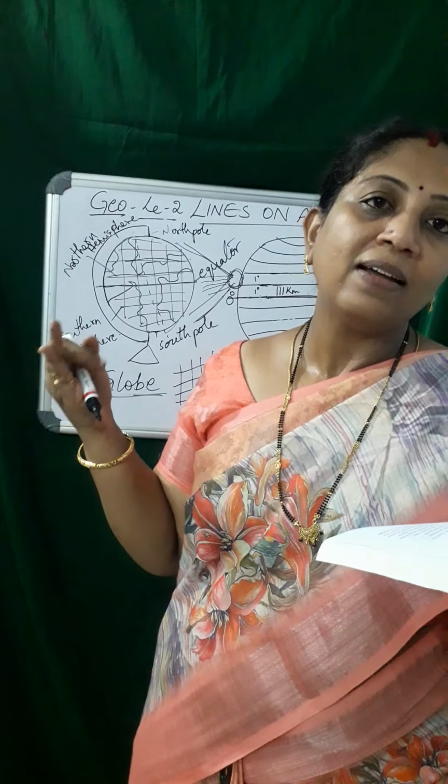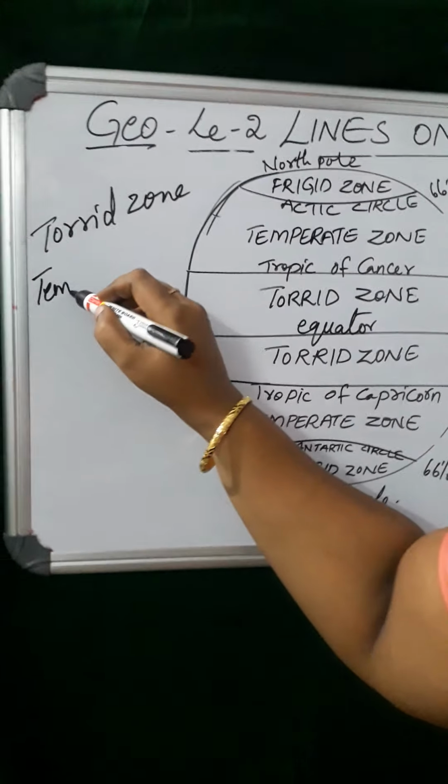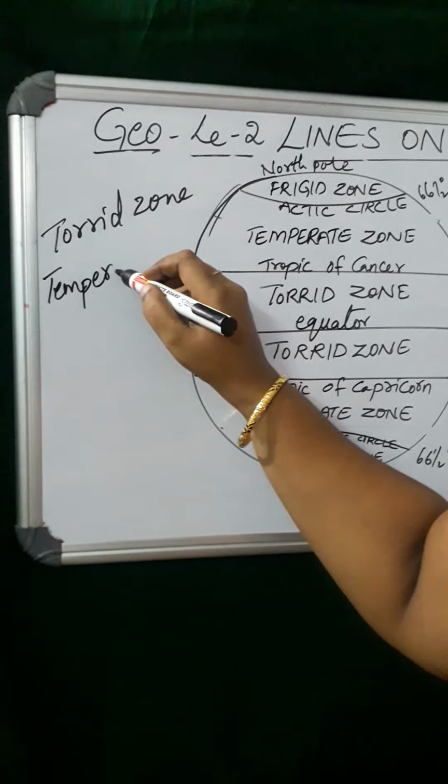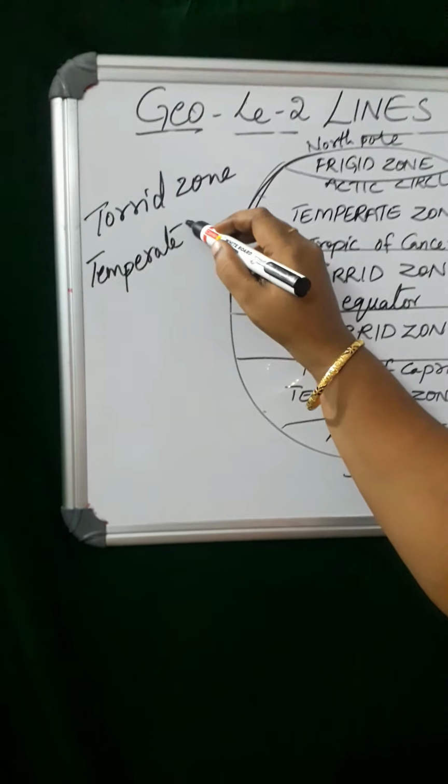So we have three heat zones: the torrid zone, temperate zone and the frigid zone.